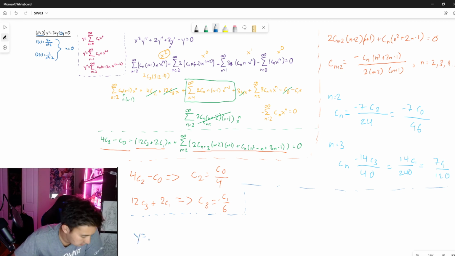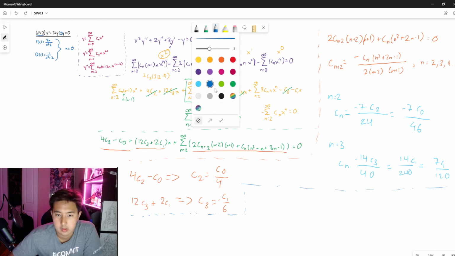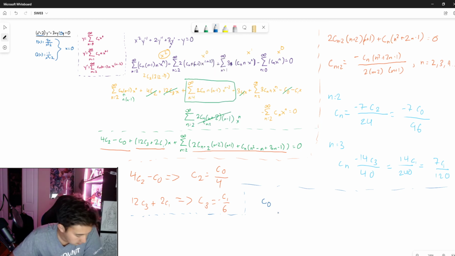So y equals, this is the basic form of the power series.